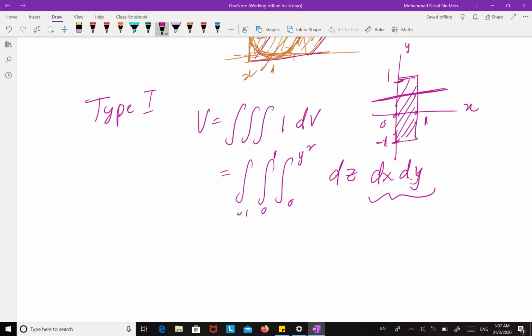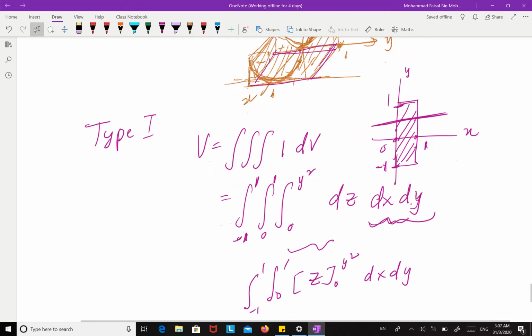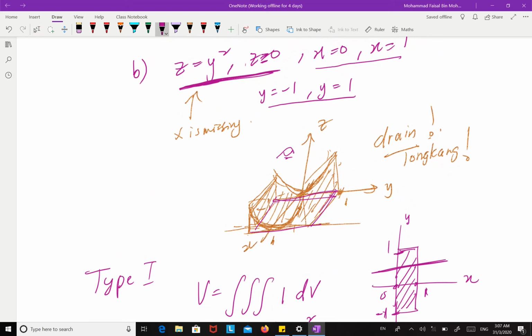It's easy because it is just a rectangle. So I think you can do this. The inside one is just z from 0 to y squared, x from 0 to 1, y from negative 1 to 1, dx dy. I just choose integration over dx dy because this is simple. It's very simple because the bottom part is only the rectangle.